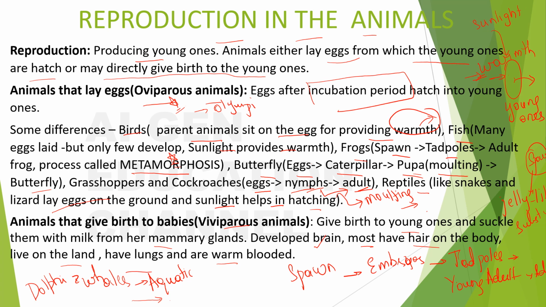And some other peculiar things, if I have to mention, there are two: duck-billed platypus and spiny ant eater. As I said, the main criterion for an animal to be called a mammal is that it has to give birth to babies.